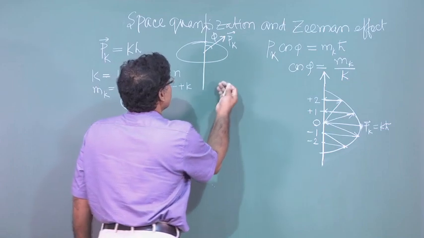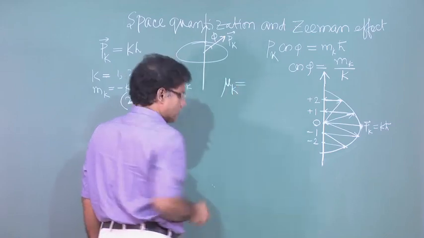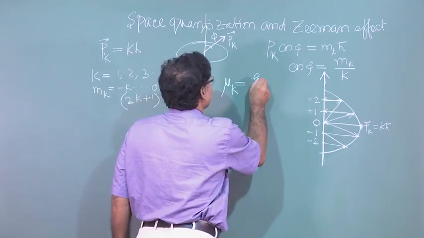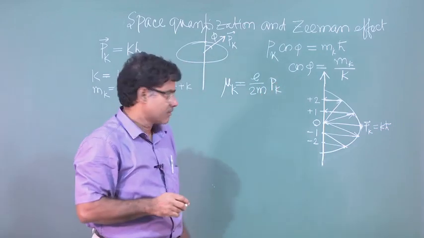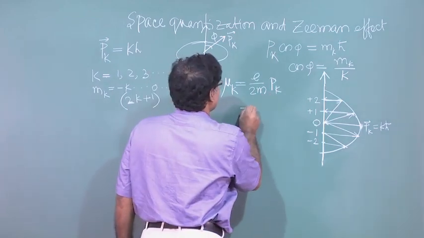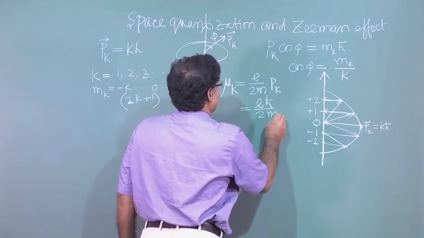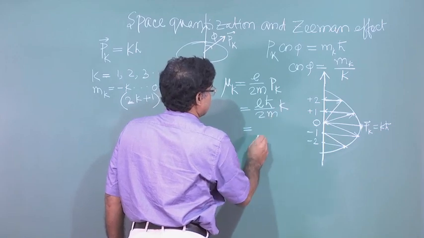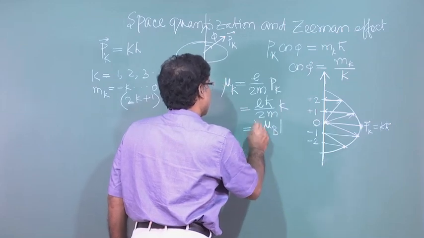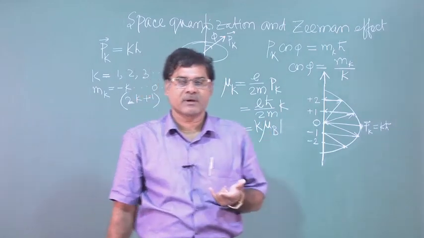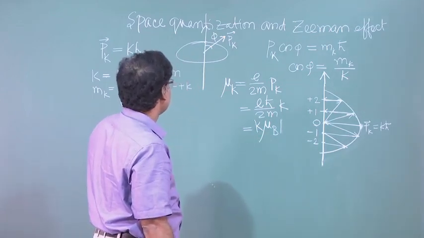We found mu k equals e by 2m Pk, and Pk is k h cross. So, this is defined by k mu B, where mu B is the unit of magnetic moment, called the Bohr magneton, as I described earlier.